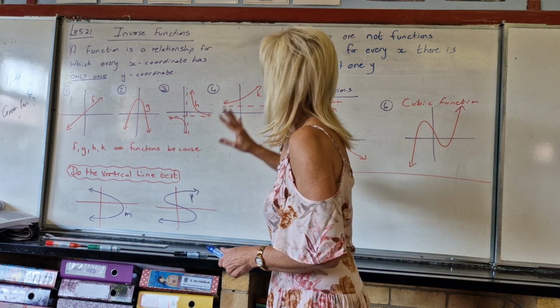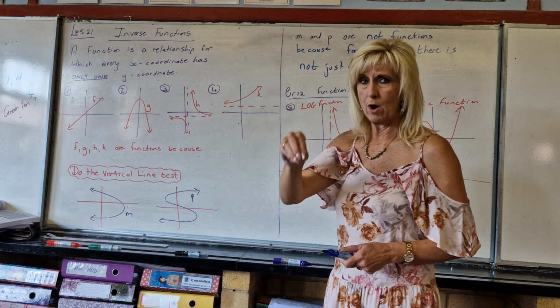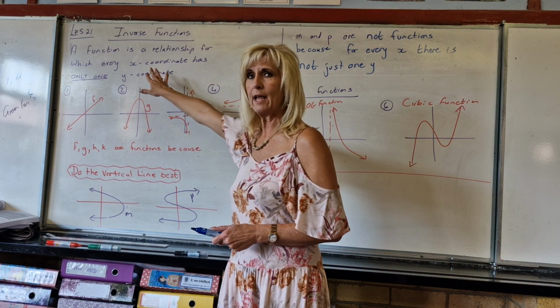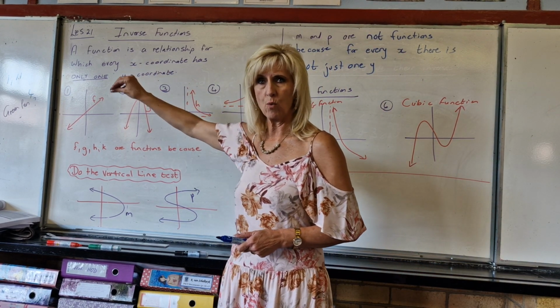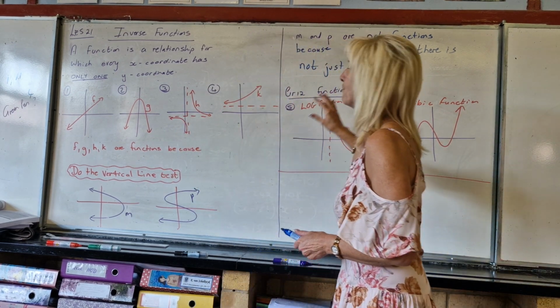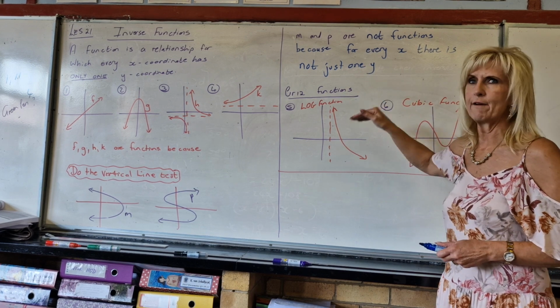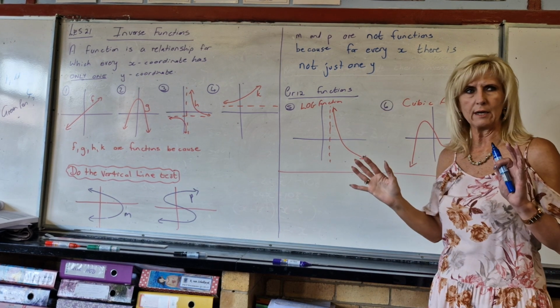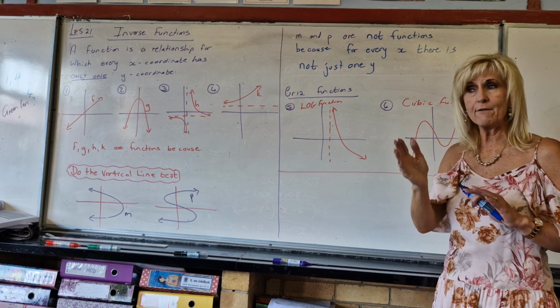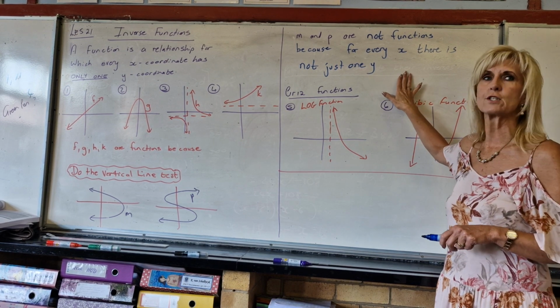But for most of them, it's got more than. So you just say, for a function, every x has just one y. Only just one specific y. But for a not function, every x does not have just one. So I'm including it. Some of them has one, but every x does not just have one y. Then it's not a function.